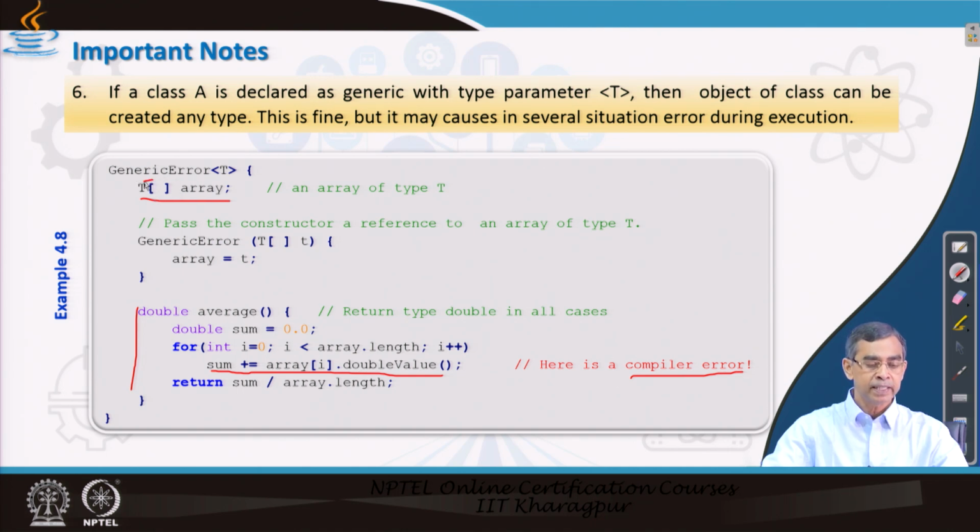What will happen if T is of type String, that means the array stores a set of string objects? The doubleValue method is not valid for String. It is valid only for numeric types, but T can assume String, it can assume Student also, and for Student the doubleValue method is undefined. As a consequence, it will give a compilation error. So this is one problem: while writing the program you may not be aware of it, and it can invite trouble.